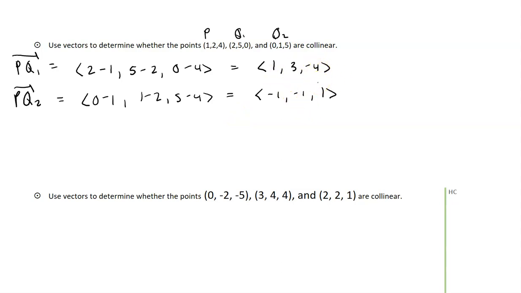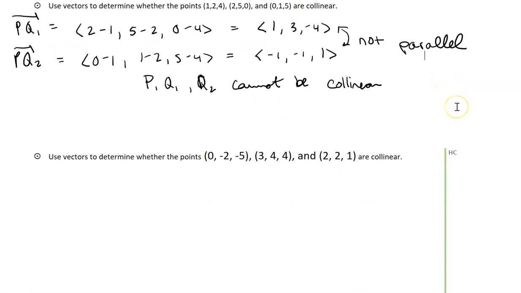There's no way that they're in proportion to each other. And they have the same initial point. So this means that P, Q1, and Q2 cannot be collinear, because we know that these two are not parallel.